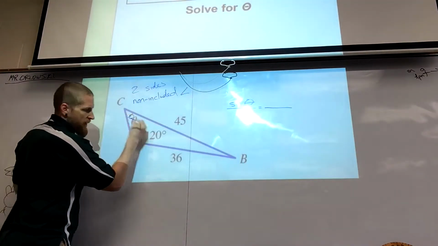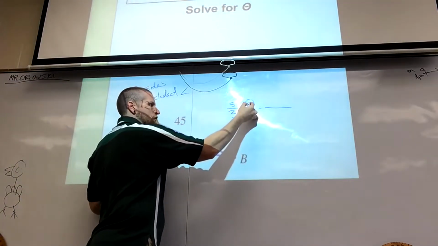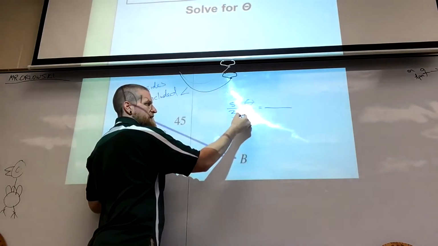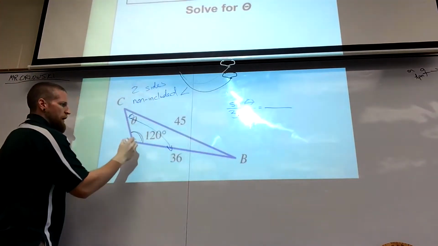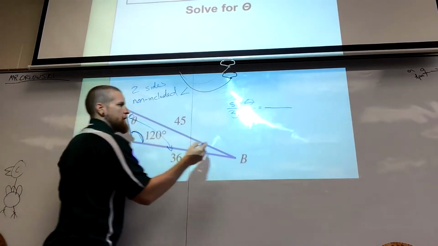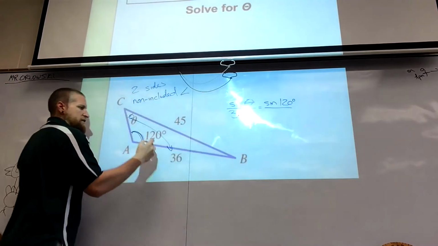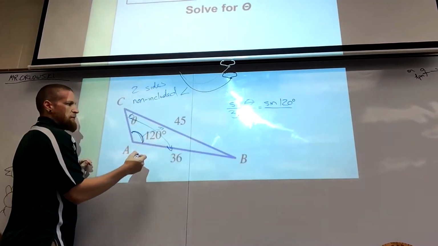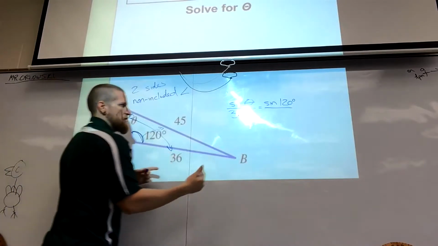This angle here is opposite that side. So again, whatever angle I'm working with and the side that's opposite need to be on the same ratio. This is the other angle given to me. And I'm allowed to do this problem because they do give me the side that's opposite it. So I know the 120 and 45 are opposite and the theta and the 36 are.